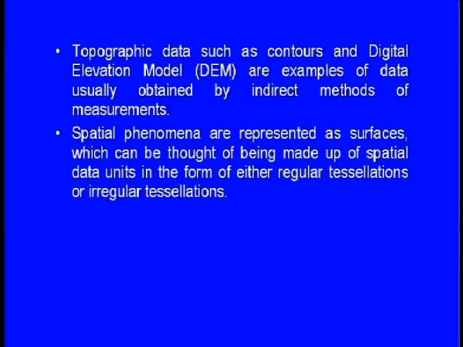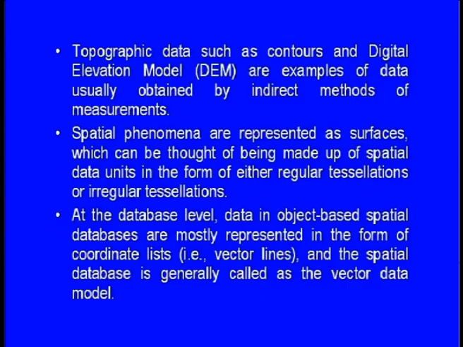Spatial phenomena are represented as surfaces which can be thought of as being made up of spatial data units in the form of either regular tessellations or irregular tessellations. At the database level, data in object based spatial databases are mostly represented in the form of coordinate lists, that is vector lines, and the spatial database is generally called the vector data model.